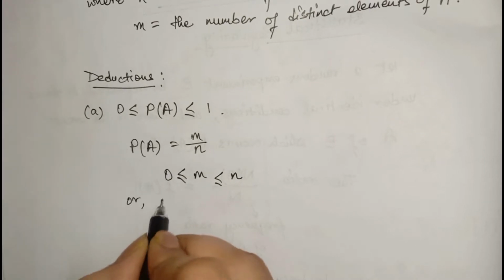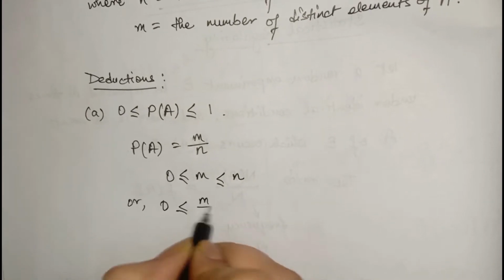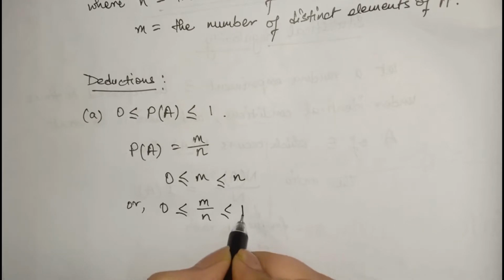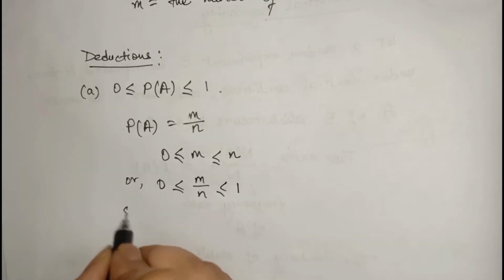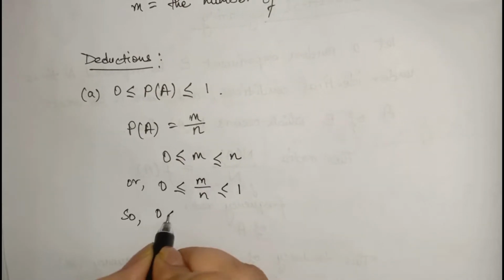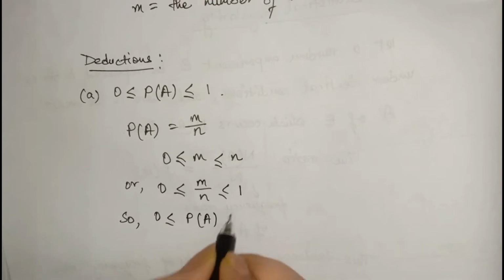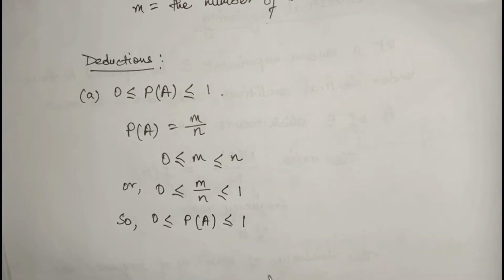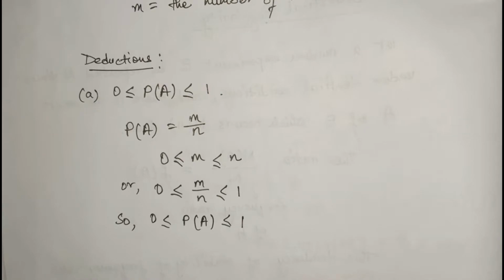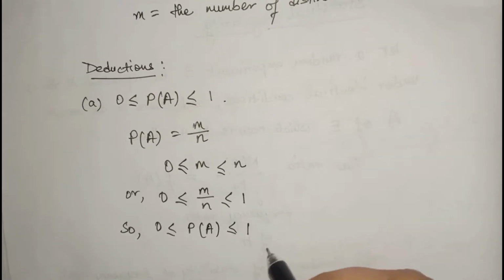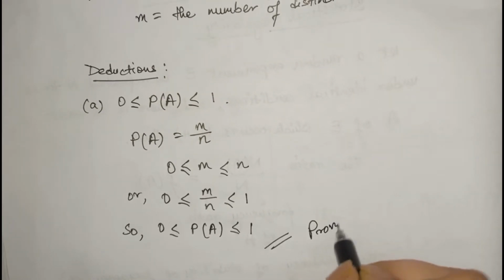Or we may write 0 is less or equal to m by n is less or equal to 1. So from here 0 is less or equal to P of A is less or equal to 1. So this is proved.